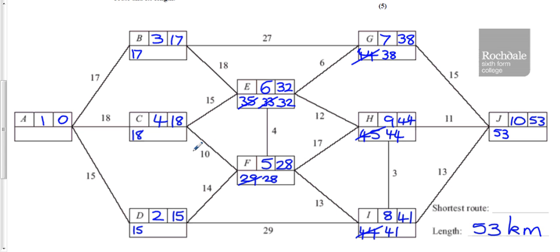To find the route, we need to work backwards from the end. And I'm looking at the final values of J, G, H, and I. And I'm looking for any instance where if I subtract the final values, it is equal to the length of the edge between them.